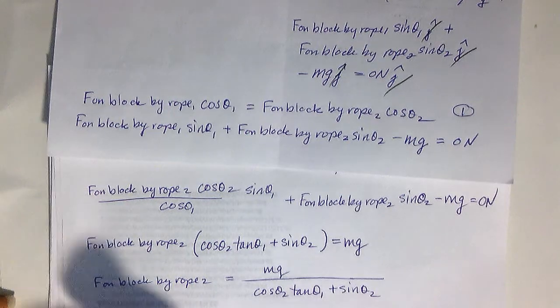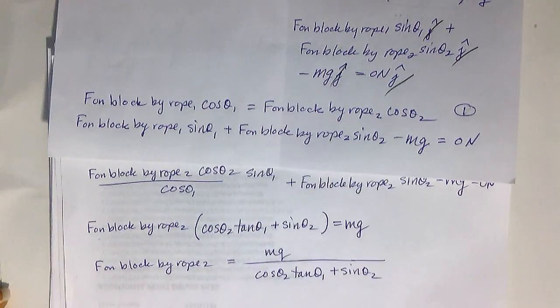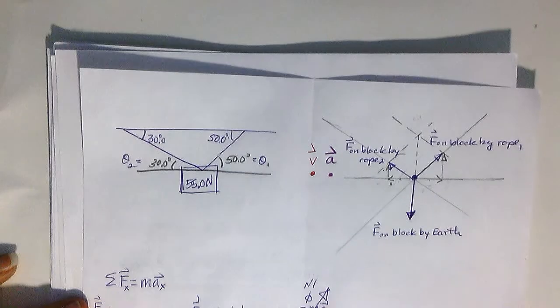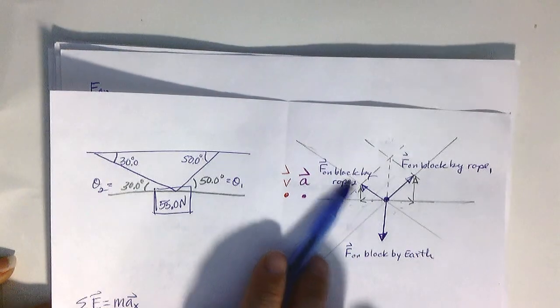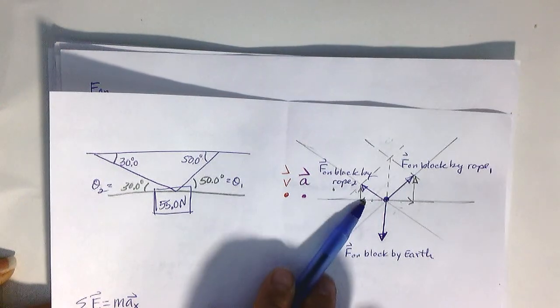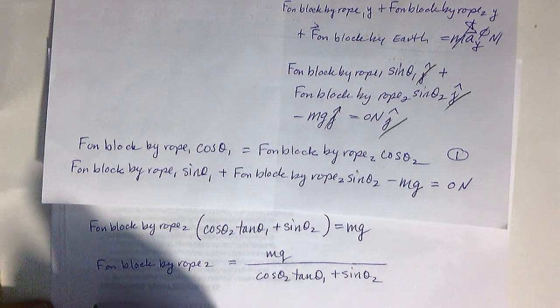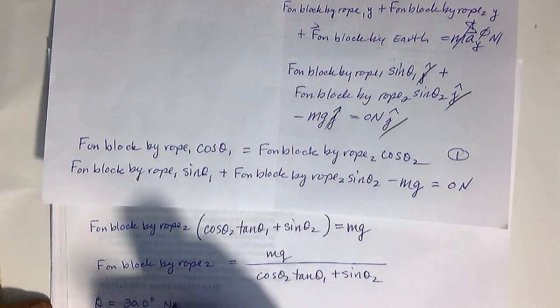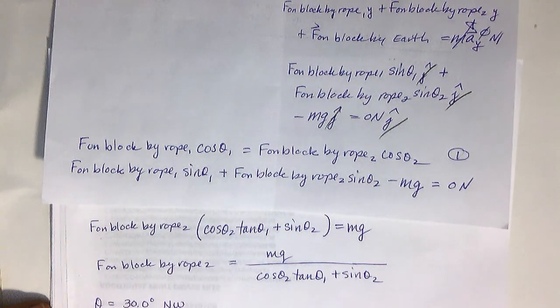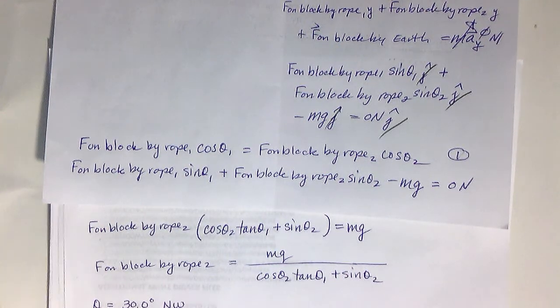Okay, and that is the magnitude. The direction of this force on block by rope 2 is going to be 30.0 degrees north of west. So now I have my magnitude and my direction.